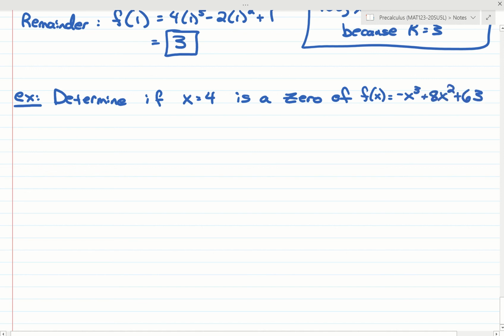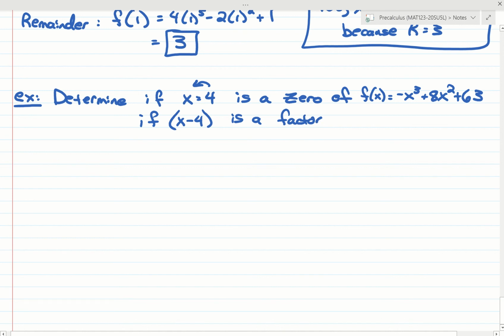So I'm asking you, is it a 0, or I could bring this on the other side and say, determine if x minus 4 is a factor. So we need to be able to go back and forth between if something's a 0 or a factor.